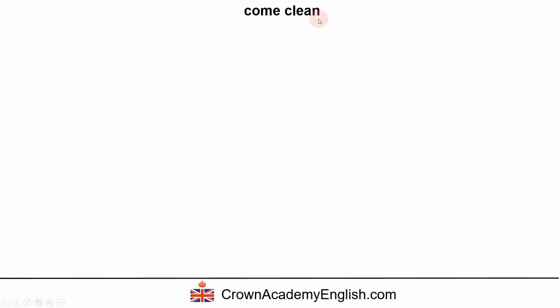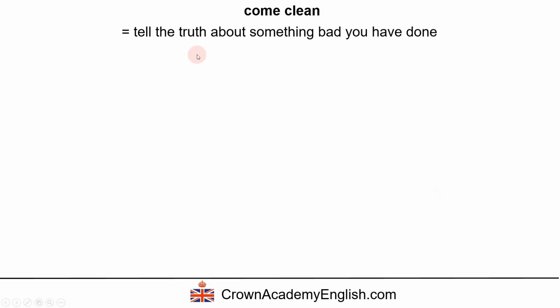To come clean. This means tell the truth about something bad that you have done. So in the context of crime, this means to tell the truth about a crime that you have done. Okay, you say, yes, okay, it was me. And yes, so it means to admit to something bad you have done.